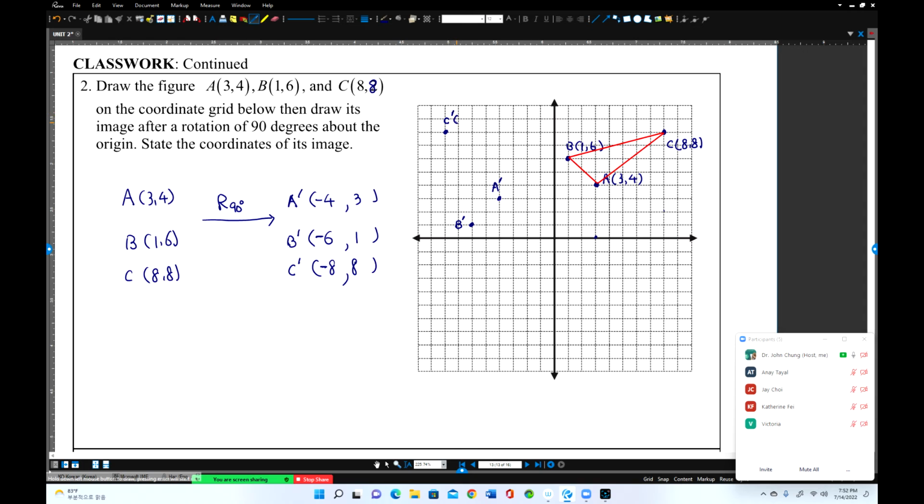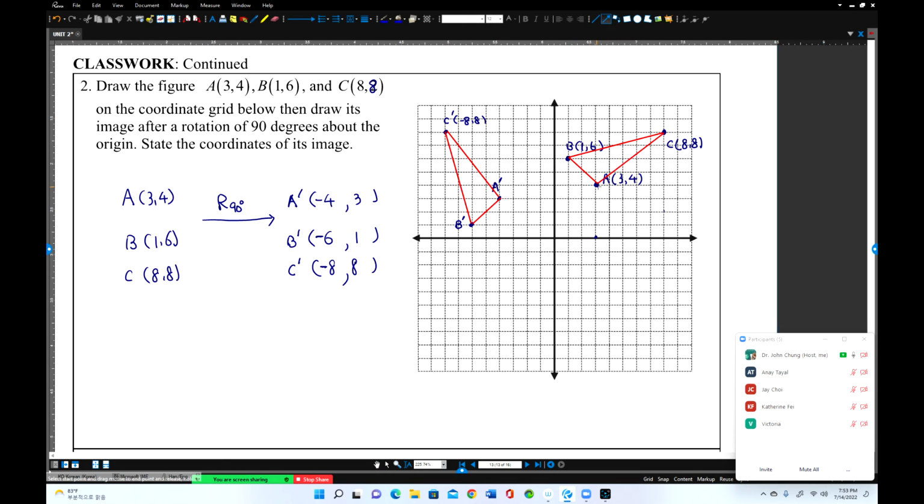This is C prime. Connect all these vertices. This is rotation, 90 degree.